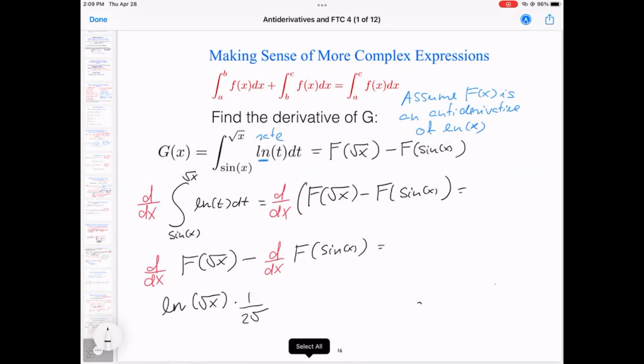1/2 radical x, and minus, and you do the same thing. Derivative of capital F is ln, because that's the antiderivative, so that's going to be ln of what? Sine x.